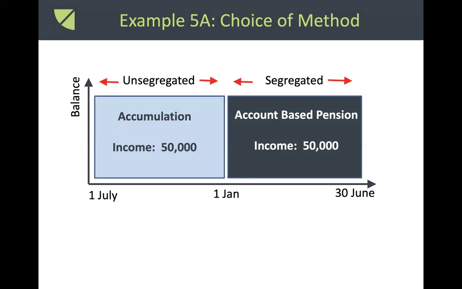So in this case, we have $50,000 of income in the first half of the year and $50,000 of income in the second half. And so what we want to decide is, which method are we better off using? Are we better off using the proportionate method for the entire year, or are we better off using the proportionate method for the first part and the segregated method for the second part?